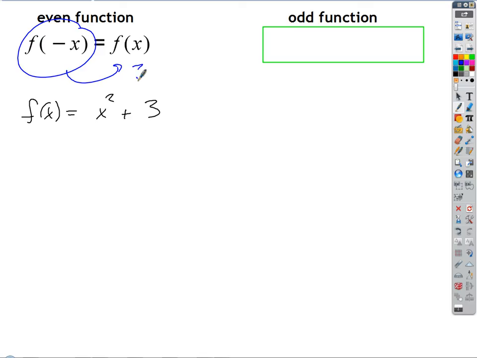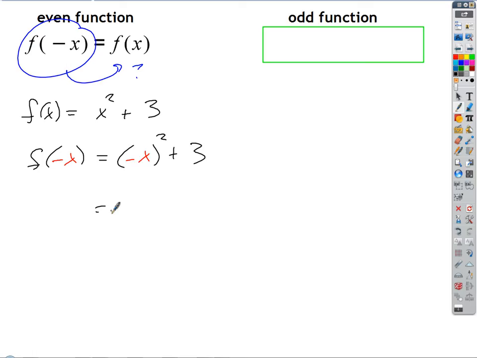Okay, so let's try that. If I take this function and I plug in negative x, that's what I get. Now, how does that simplify? What can I do to the right side of this to make this easier? What is negative x quantity squared?